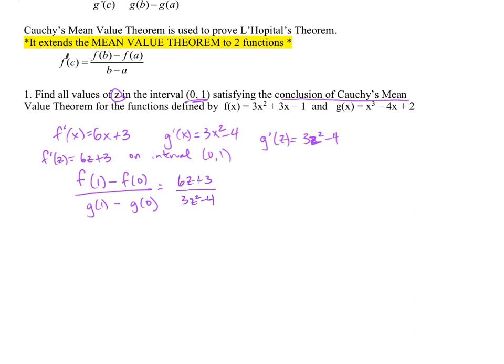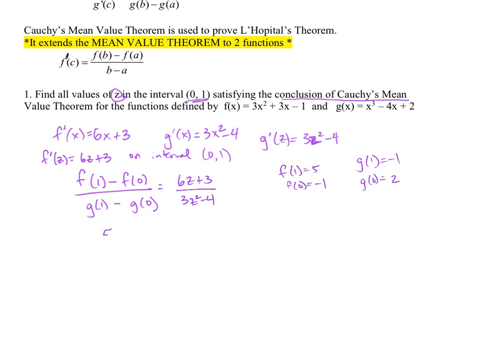Now, let's find out what f of 1 is. F of 1, I plug it in, I get 5. F of 0, I plug it in, I get negative 1. G of 1, I plug it in, negative 1, and g of 0, I will get 2.